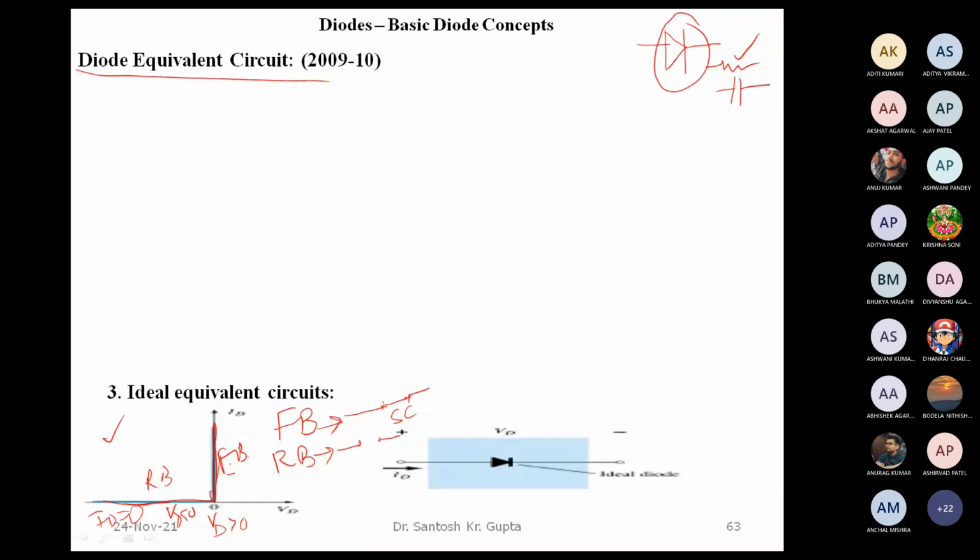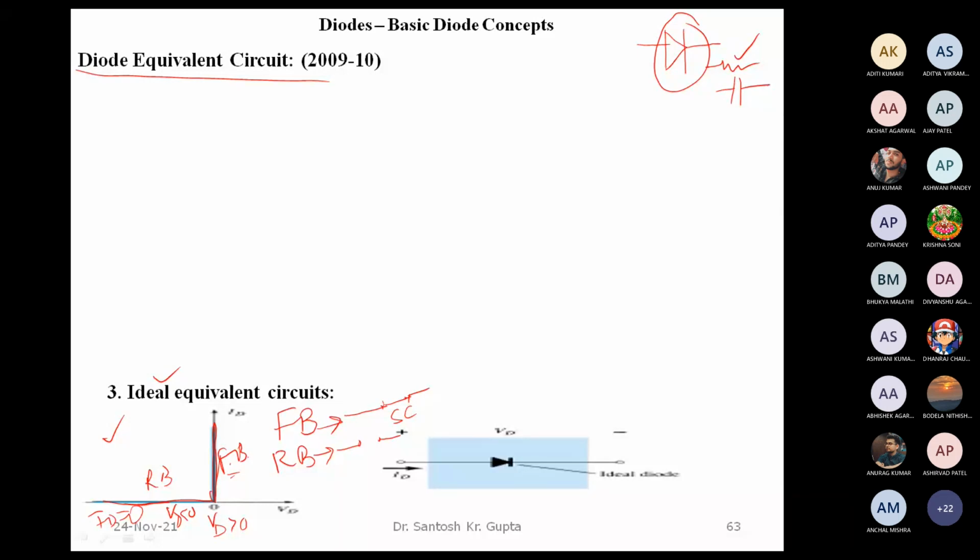So this is the ideal equivalent circuit which can be used for simplistic analysis of a given diode circuit, but most of the times we avoid the use of this because this is not a practical case.